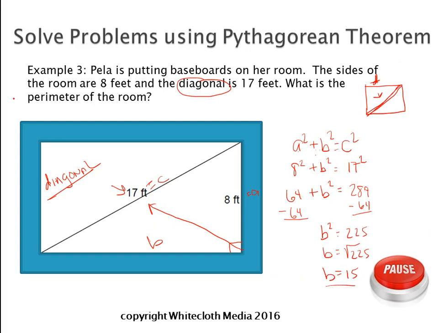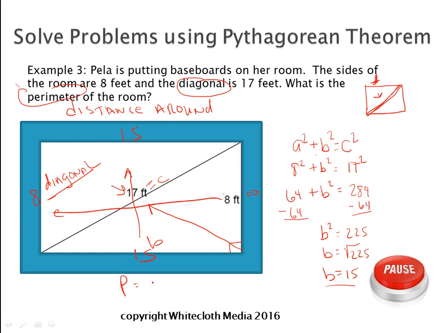Alright, so it says what's the perimeter? Perimeter is the distance around. So I'm 8 here, I'm 15 here, I'm 8 here, I'm 15 here. It's a rectangle, so that's the same as that one, and that's the same as that one. So my perimeter must be 2 times 8, because I have 8 twice, plus 2 times 15, because I have 15 twice.